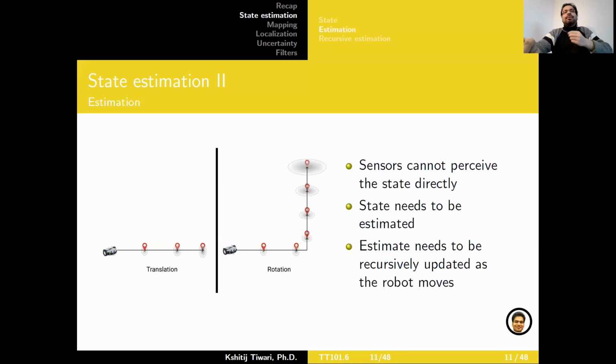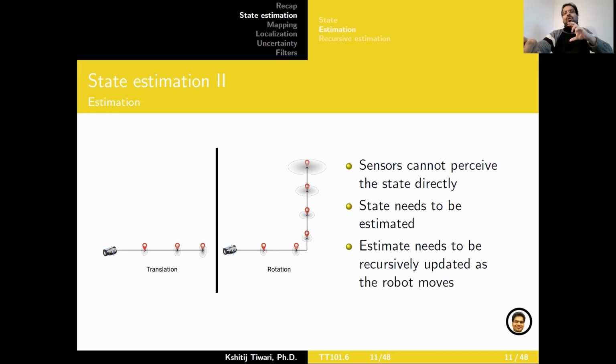So the thing is, remember what I told you about what is inside a state. It could be position, velocity, partial map of the environment, and so on and so forth. But sensors cannot directly perceive the state. What the sensors can give you, for instance, if you take an example of odometry, maybe you get some partial information about how much your wheels have spun from a certain time instant to the current time.